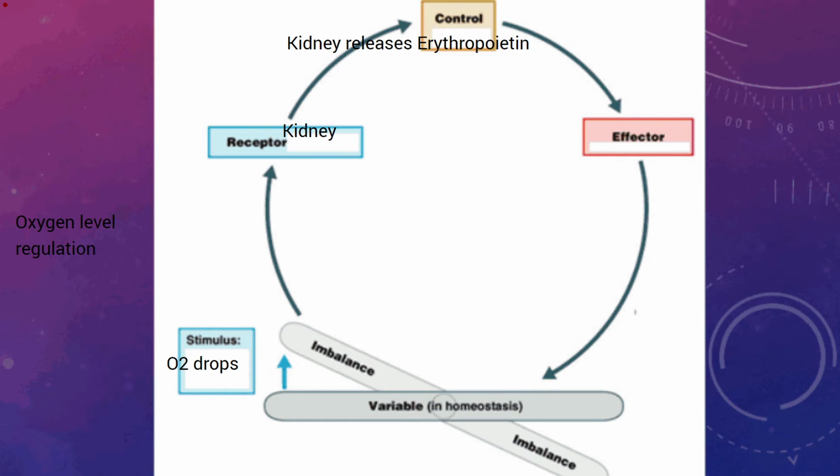The erythropoietin is going to stimulate our marrow to produce more red blood cells. And then we go back to normal blood oxygen levels. This is also a negative feedback mechanism. Okay, get that one down.